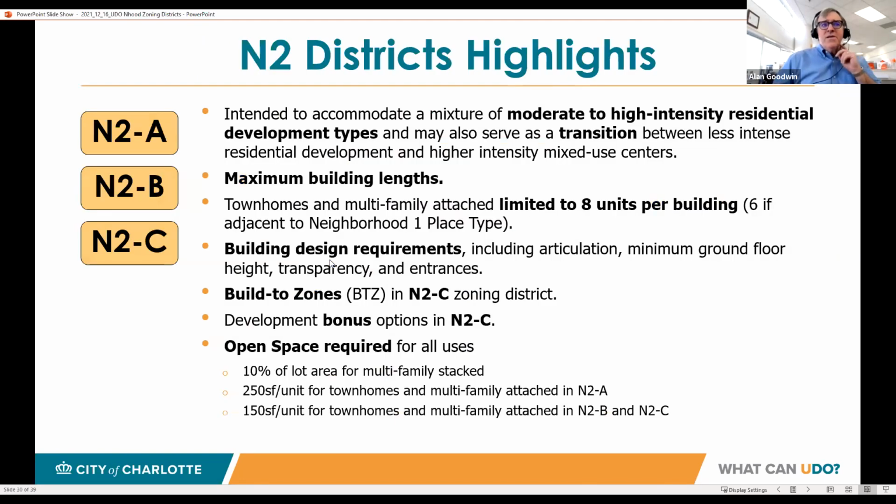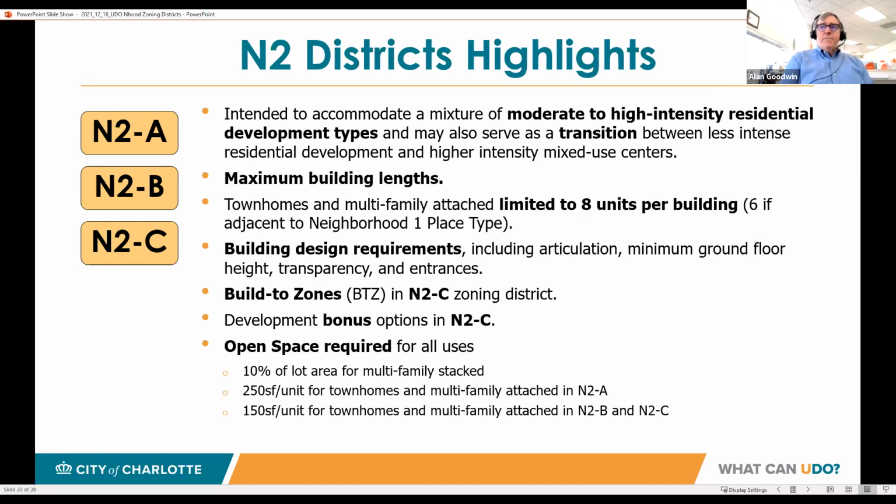A few more highlights of the neighborhood 2 districts. In addition to the types of dwellings that are allowed, we have a requirement for maximum building lengths. So that is generally 400 feet across all 3 of these districts.